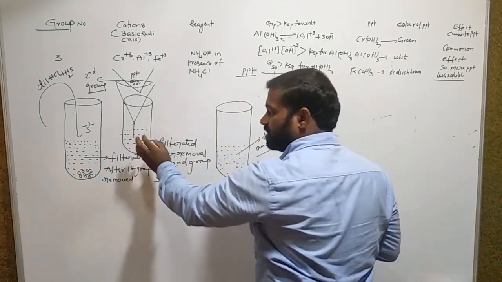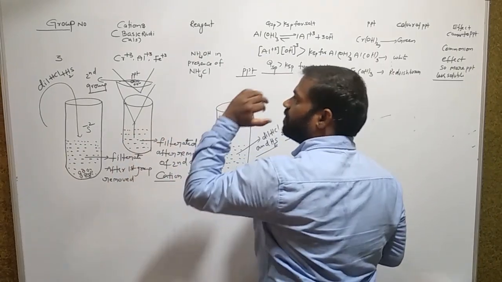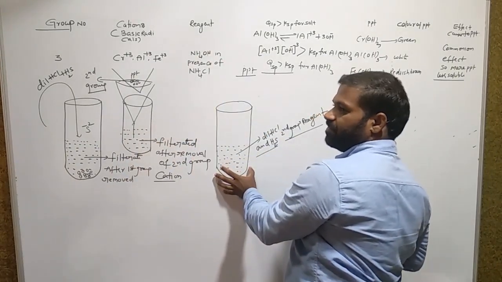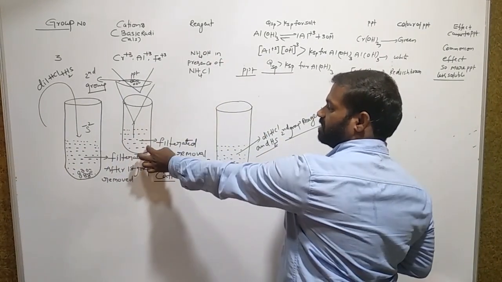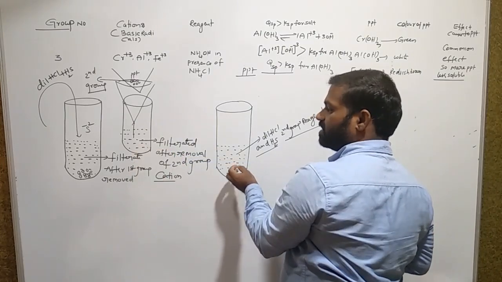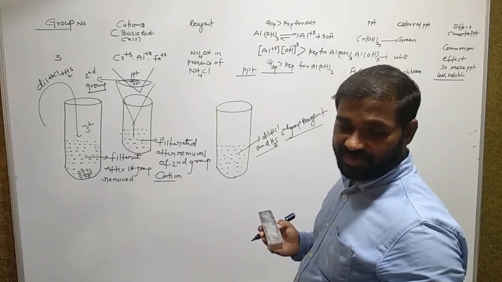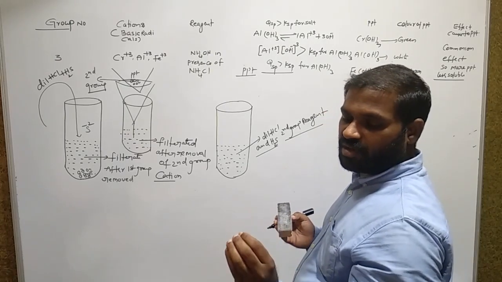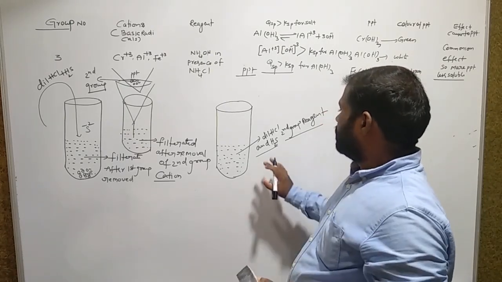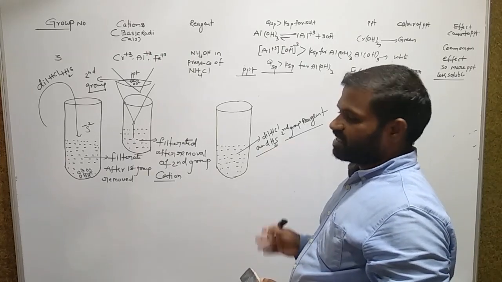Now using this filtrate, we go for third group cation analysis. Okay, so here there is some quantity of dilute HCl and H2S. Clear? So now this is the second group reagent.